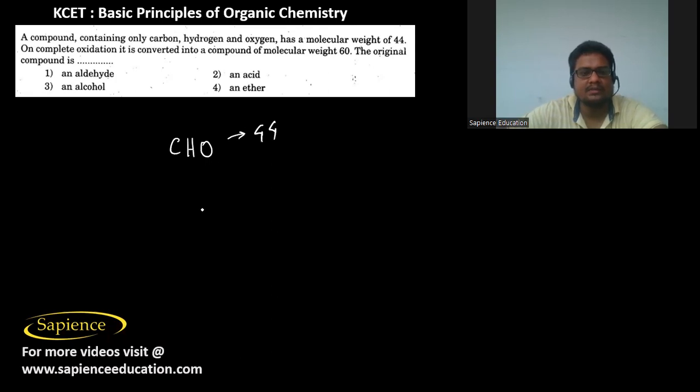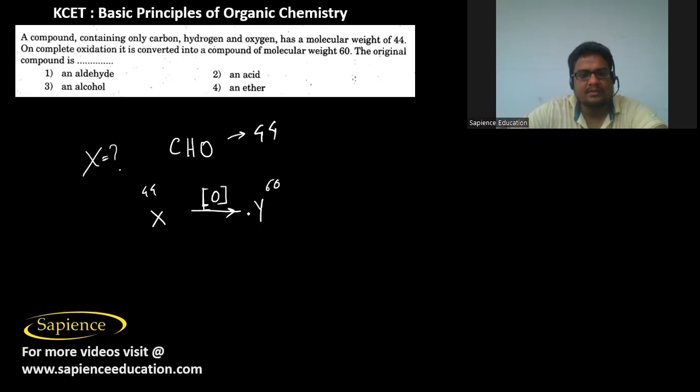So let's say the compound X is oxidized, suppose KMnO4 or nascent oxygen is used, then it is oxidized to Y. Now the molecular weight of X is 44 and the molecular weight of Y is 60. Then we have to find the original compound, which is X.